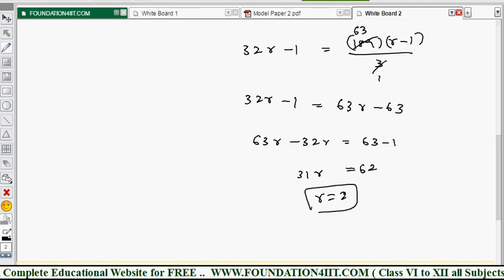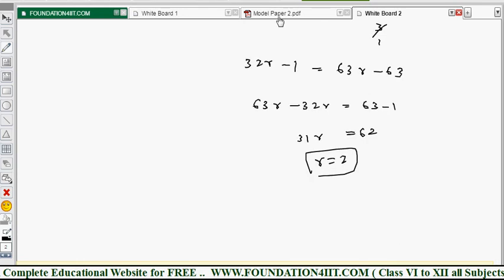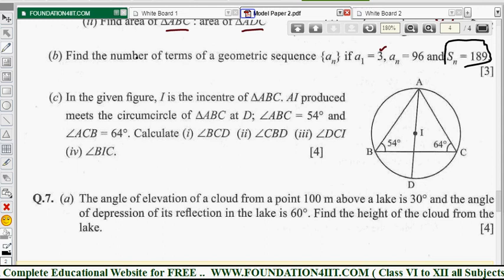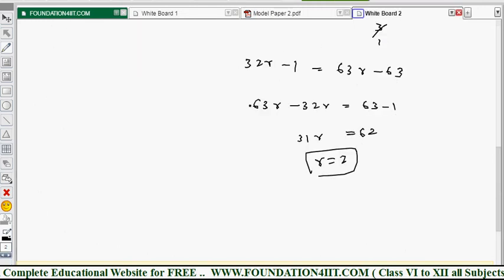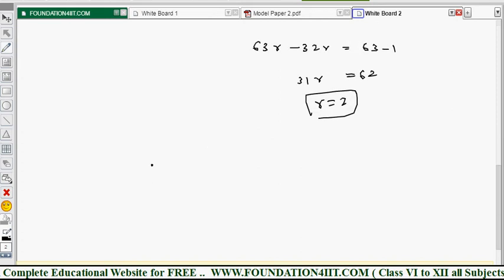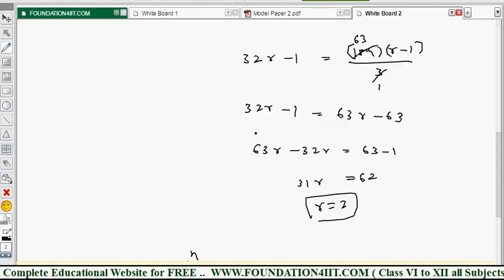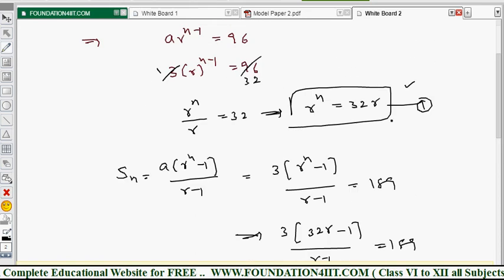Once you get the common ratio, you can find out the N value. Okay, what do you need to find out? Number of terms, N value you need to find out. R value we got is 2. Then R to the power n, if you see at the start, R to the power n is equal to 32R, right?